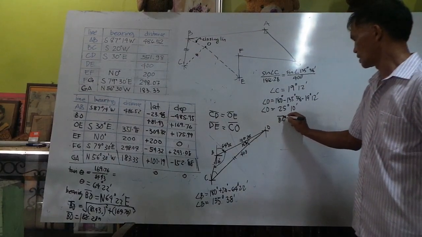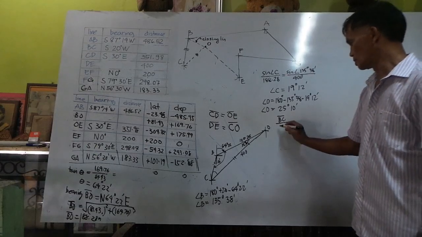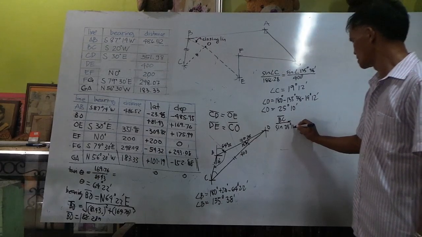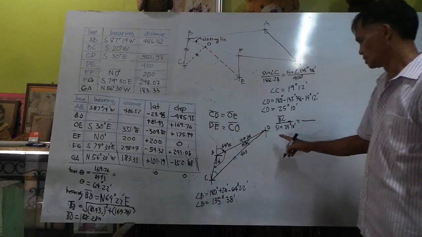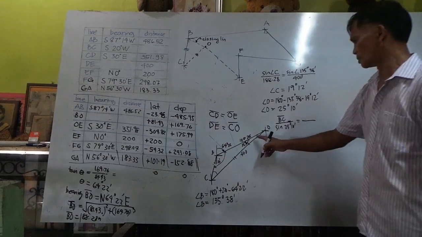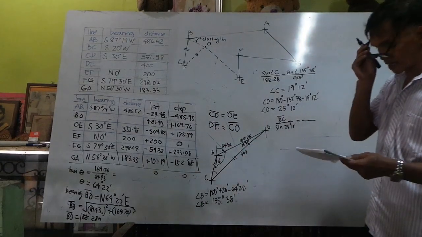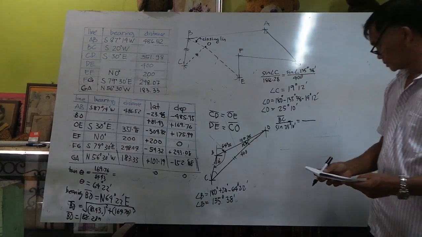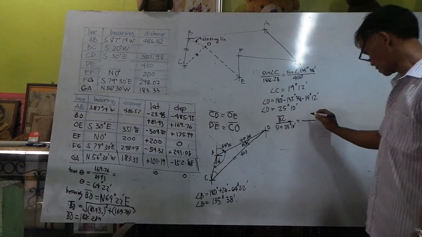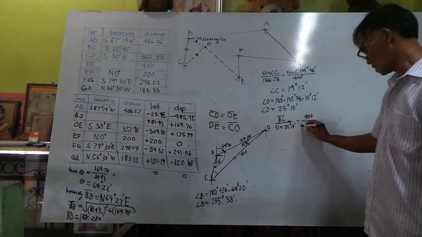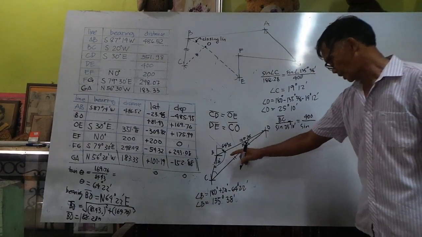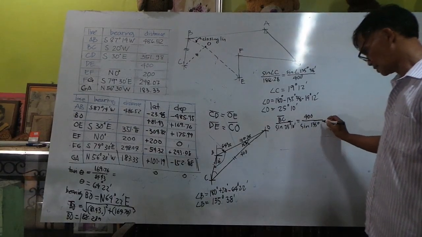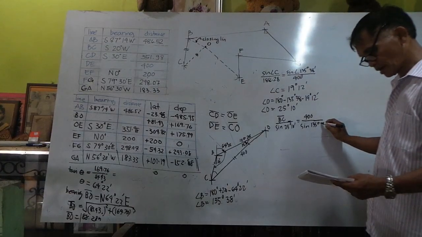Line BC is to sine of 25 degrees 10 minutes as 400 is to sine of 135 degrees 38 minutes.